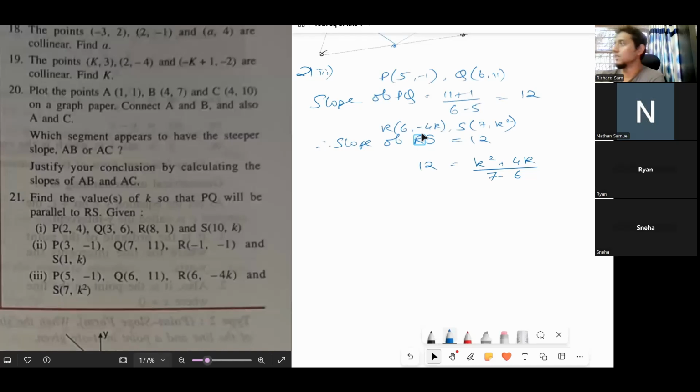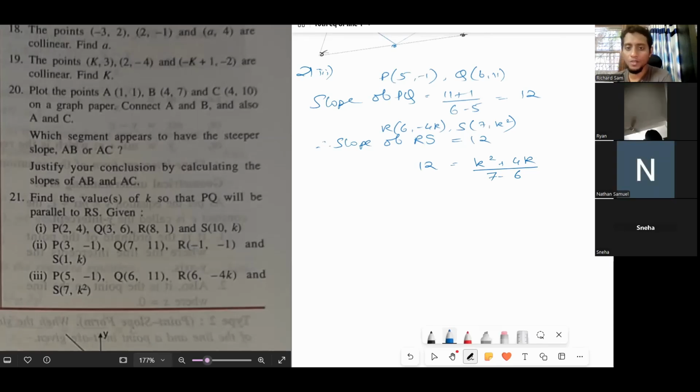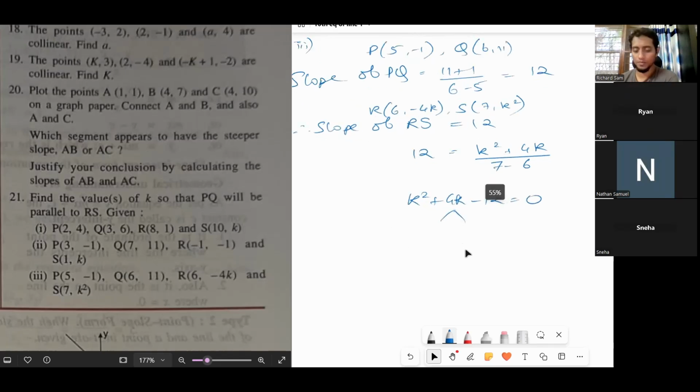So what is k? We're getting a quadratic equation over here: k square plus 4k minus 12 is equal to 0. We have to split this term. The sum is equal to 4 and the product is equal to minus 12, so your two numbers are 6 and minus 2.